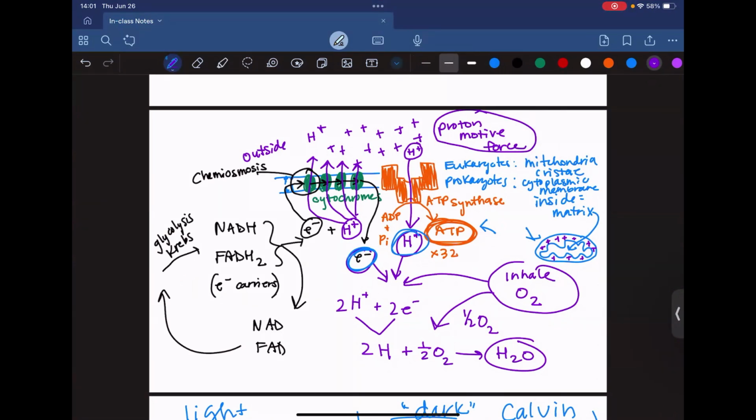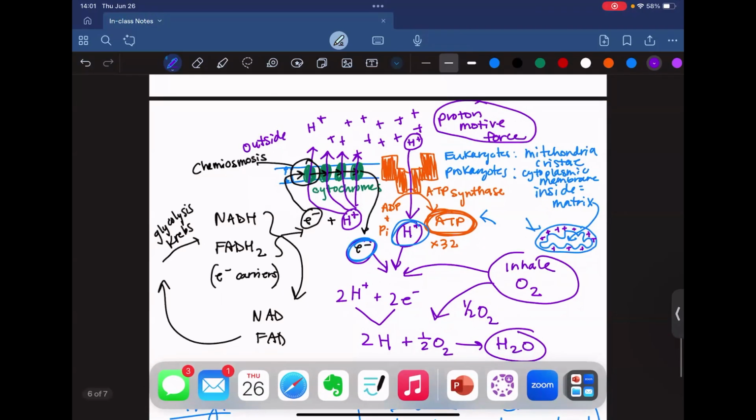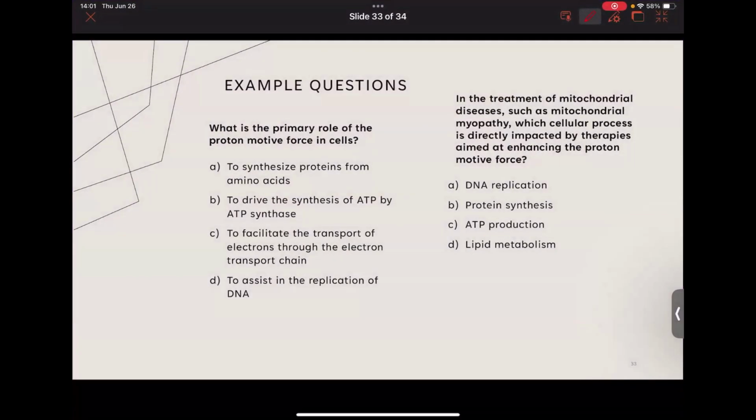We made those from glycolysis and Krebs and brought them here. They dropped off the electrons and the protons that they came with. The electrons excite the cytochromes. The protons get pushed out. We create the proton motive force gradient. They move back in through ATP synthase and drive the manufacturing of ATP. So what is the primary role of the proton motive force? It is to create that gradient that drives ATP synthase, right? So that's B.